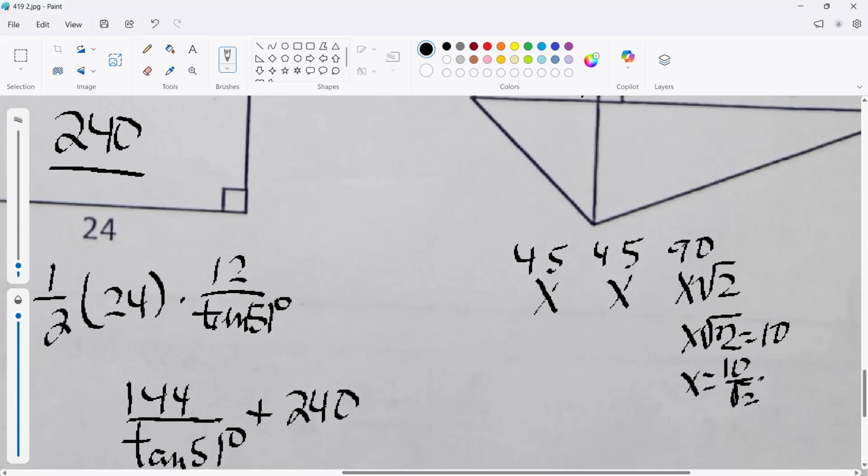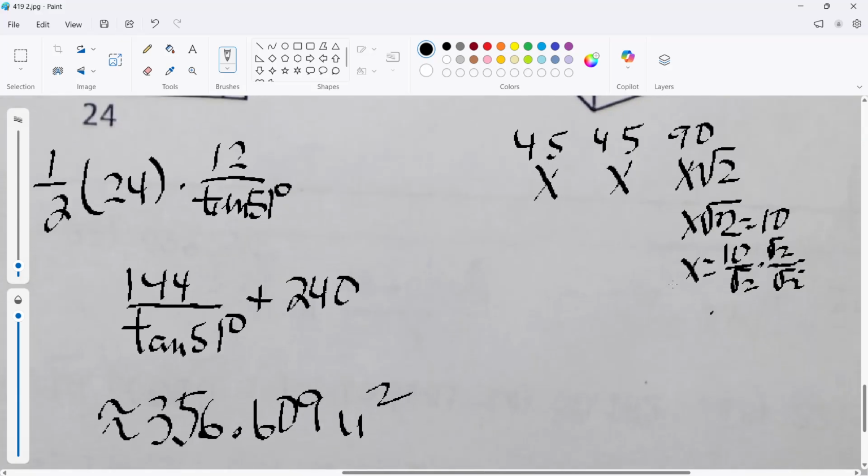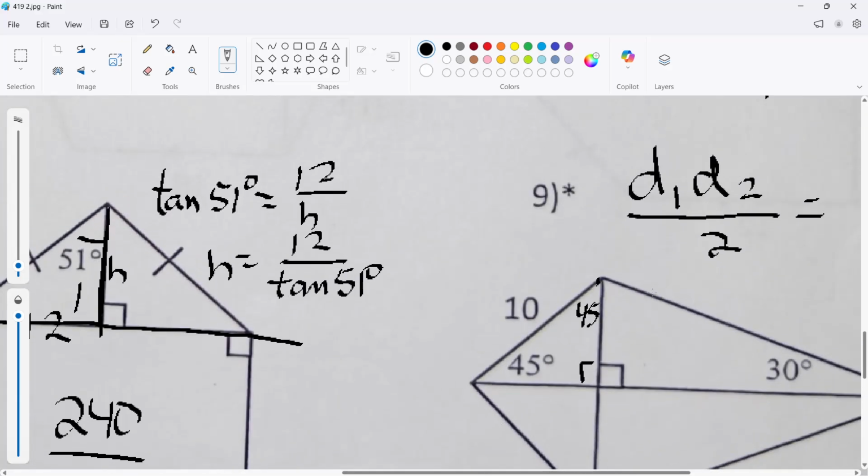I have to simplify that, times square root of 2 over square root of 2. That is 10 square root of 2 over square root of 2 times square root of 2, which is square root of 4, which is 2, which is equal to 5 square root of 2. So I know that this is 5 square root of 2.